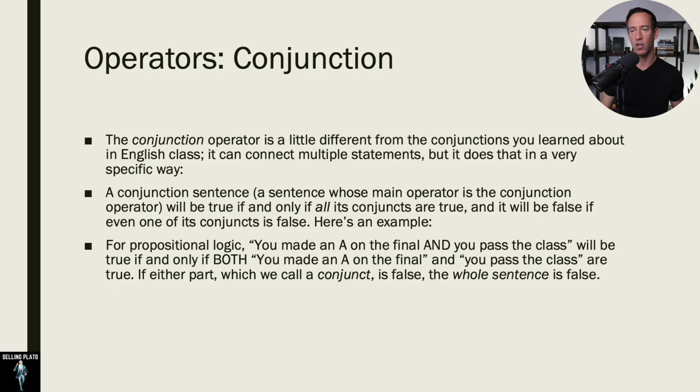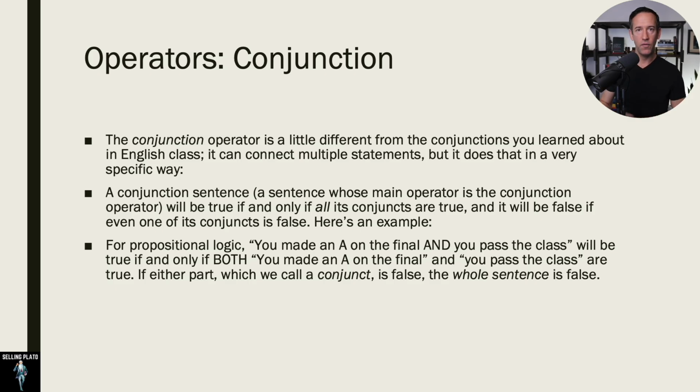For propositional logic, here are our familiar statements again. You made an A on the final, and you passed the class. That's going to be true. That complex statement that has two atomic statements and an operator, which is "and," conjunction, is going to be true if and only if both atomic sentences, you made an A on the final and you passed the class, are true.